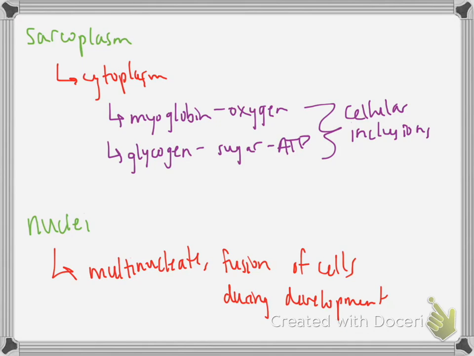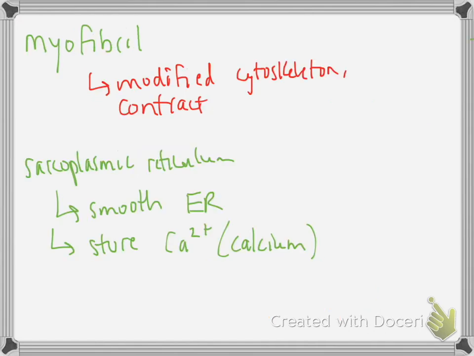It's how we get our ATP. We'll talk about why ATP is important as well. The nuclei, we know that these are multinucleate from the fusion of cells during development, and now we're going into these other parts of cells like this modified cytoskeleton called the myofibril. There's hundreds or thousands of these in one muscle cell.